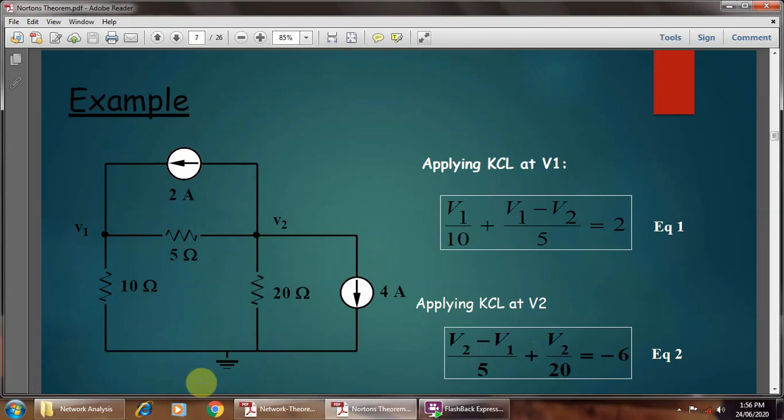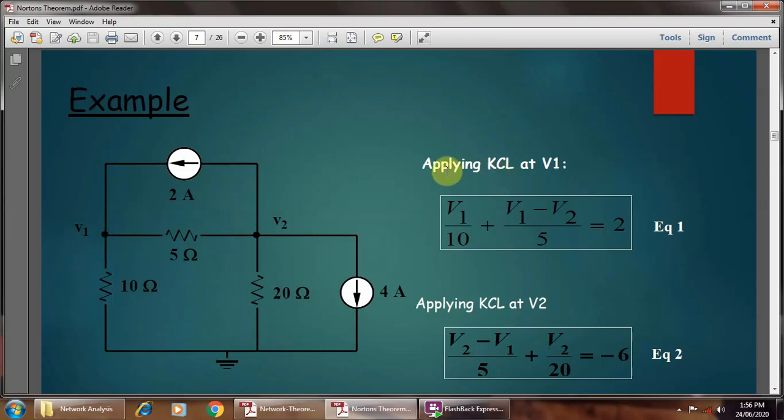Then this is one example. In this example we have to find V1 and V2. Here there are two current sources available. This current source is in parallel with 5 ohm and 20 ohm respectively, and the node voltages are V1 and V2 respectively.